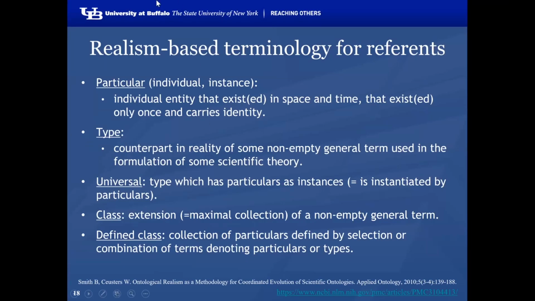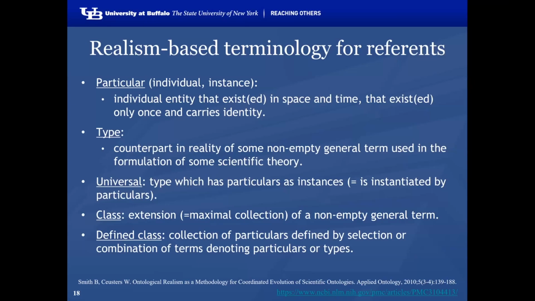So a type is a counterpart in reality of some non-empty general term used in the formulation of some scientific theory. Non-empty general term means it is something that must really exist. So devil is an empty general term. Klingon is an empty general term.